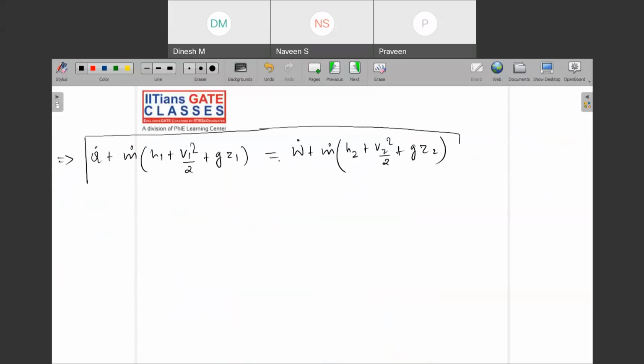This is a very important equation. But what are the mistakes which we will be doing here? Let us counter them one by one.